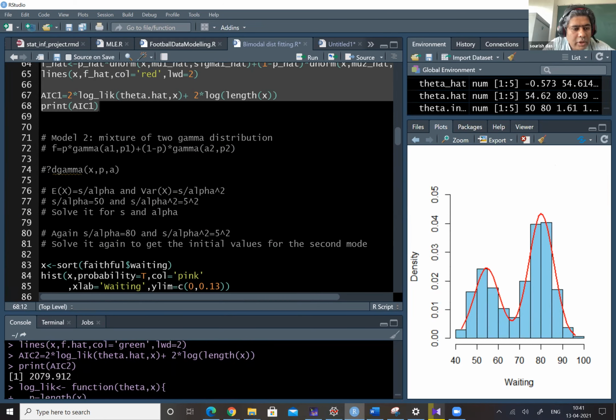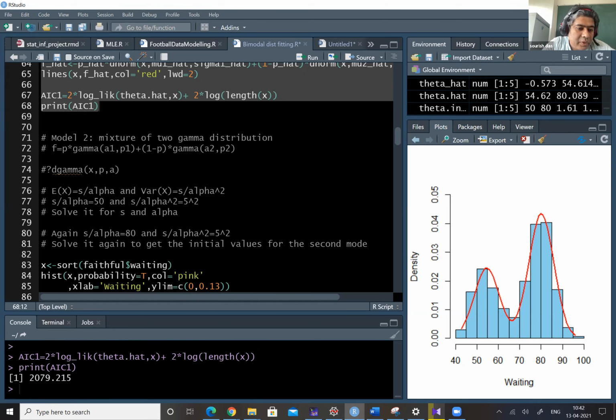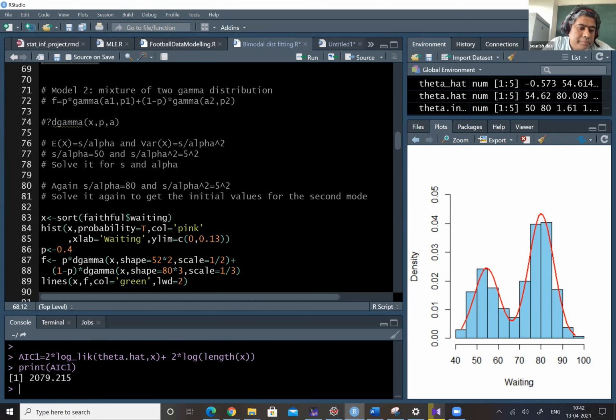So this is two gamma, and that was two normal. If you just write c in the console, within brackets AIC1 and AIC2, comma AIC2, you can see that both models are almost equally good.